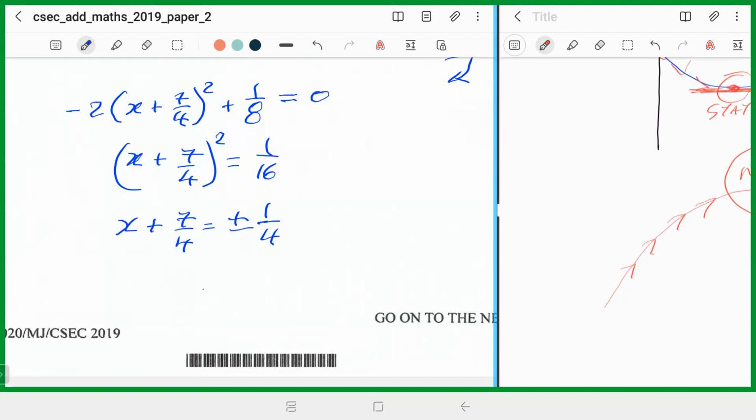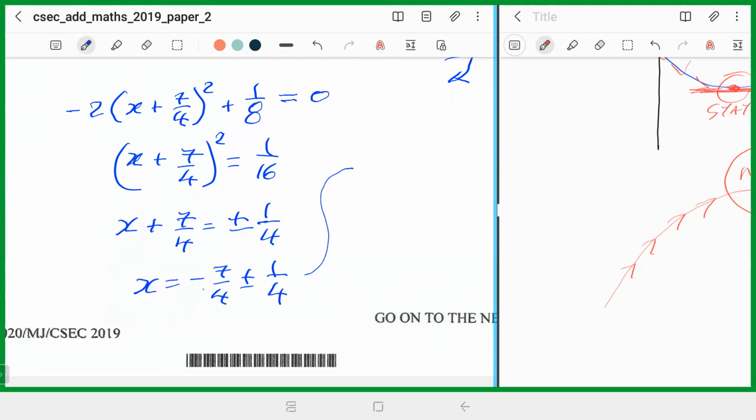And then we're transposing the 7 over 4. Is everybody good? Online? Yes. Okay, online? Somebody was saying something. Yes, sir. Okay. We're going to get x equals negative 7 over 4 plus or minus 1 over 4.